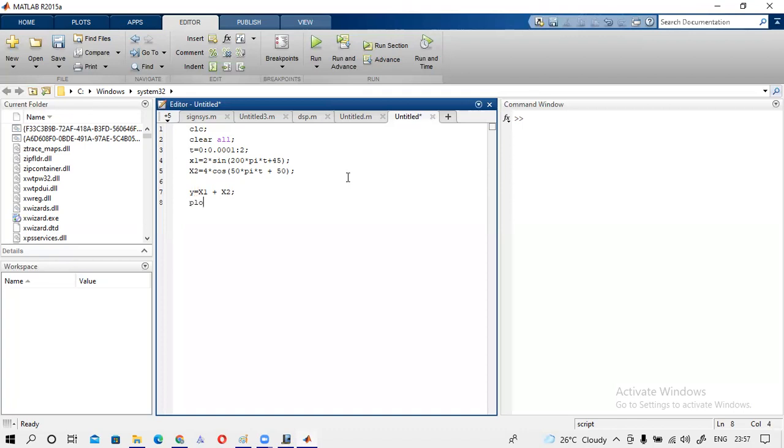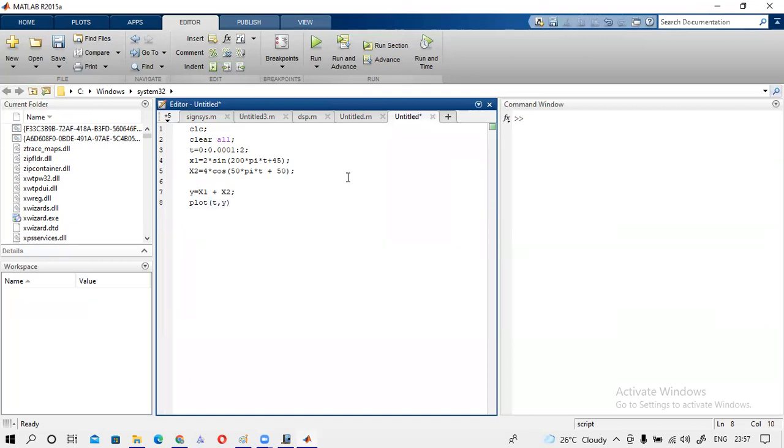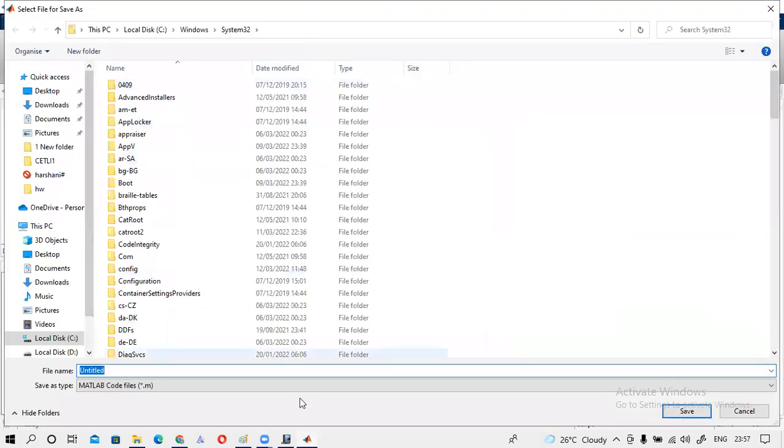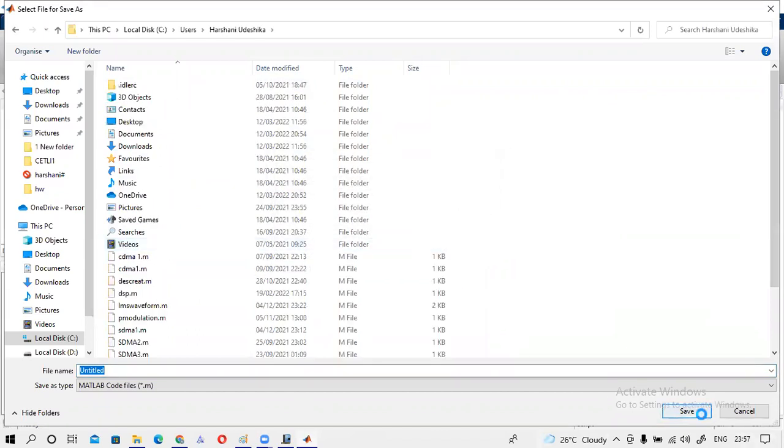Then we plot it with respect to t, this y. Let's see what we can get. So I run this. Before running, I have to save it.